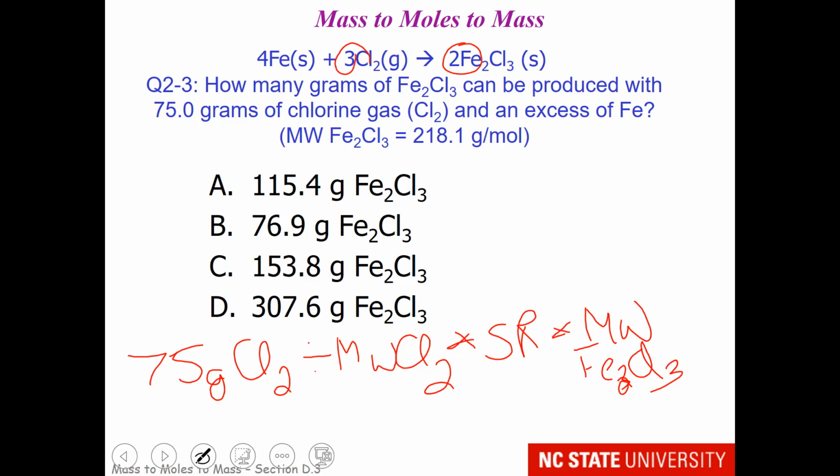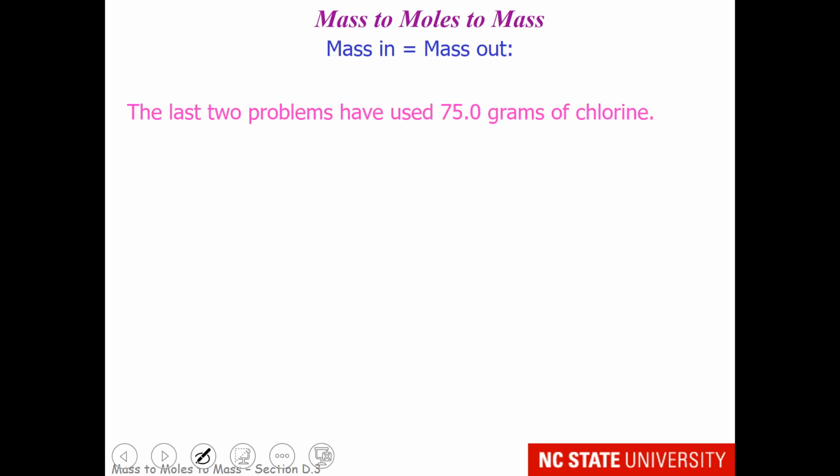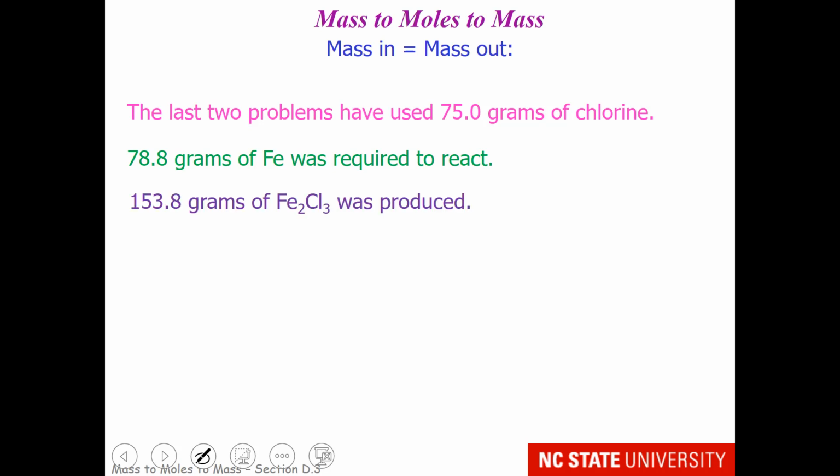So that is my suggestion for you in working this problem and coming up with the correct answer. One quick reminder that mass in has to equal mass out. The last two problems used 75 grams of chlorine. We required 78.8 grams of iron to react.